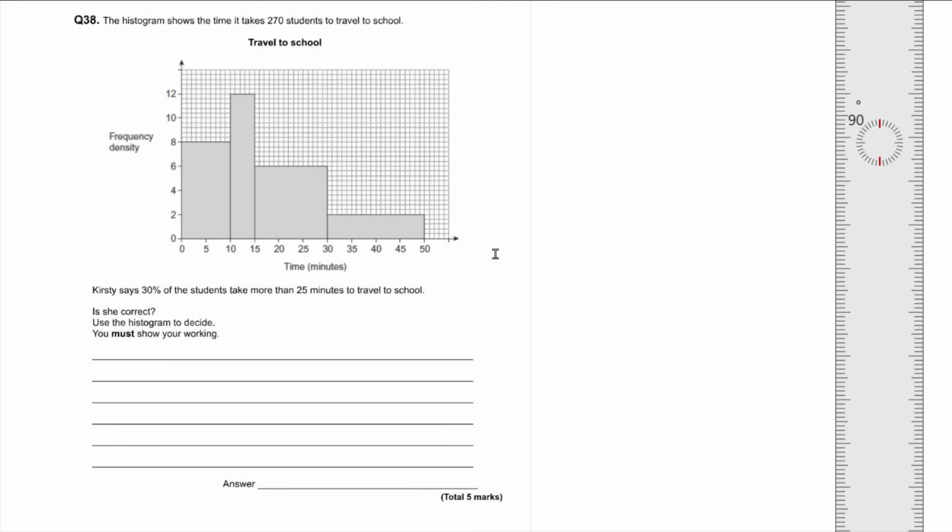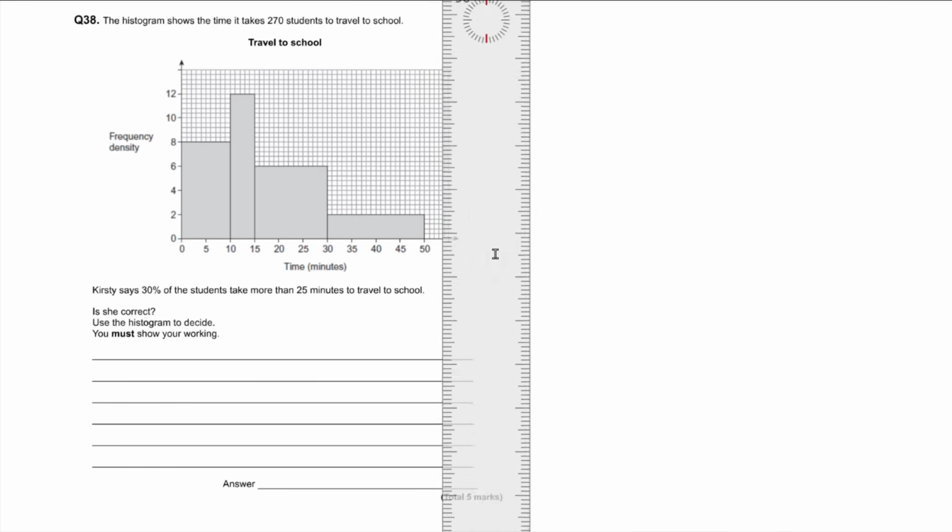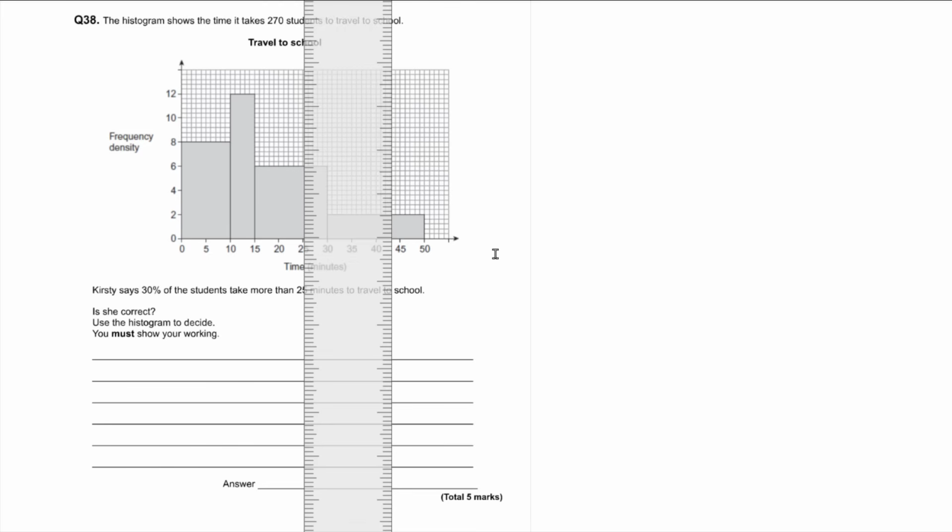Right, so 30% of the students take more than 25 minutes to travel to school. So we're going to test that. We're going to find out how many people we think take more than 25 minutes to travel to school and compare it with Kirsty's 30%. Okay, so what we're going to do, we're going to find 25 minutes on the graph, and we're going to draw a line.